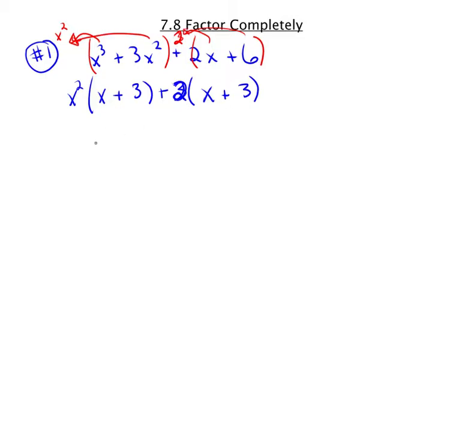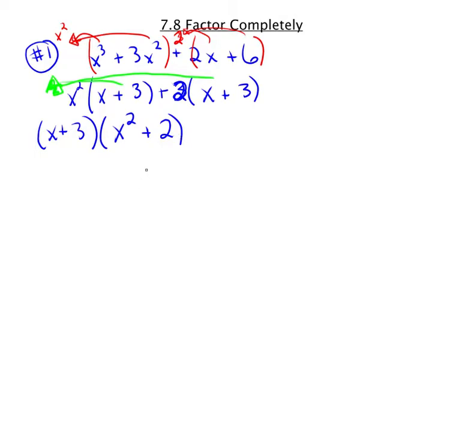So now you notice that there's an x plus 3 and an x plus 3. So now we do another distributive property, and we distribute out that group of x plus 3 all the way out front. So we'll pull that all the way out front, and then we'll be left with x squared plus 2.